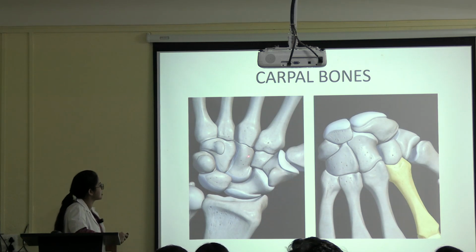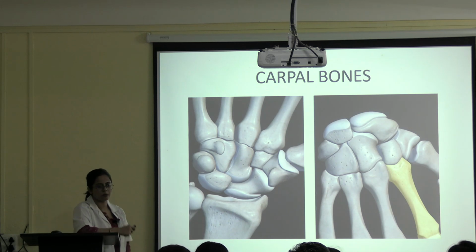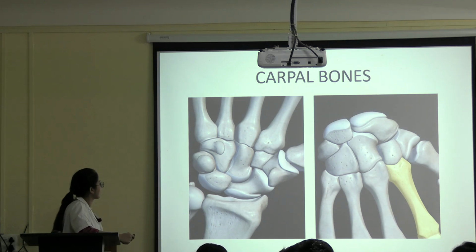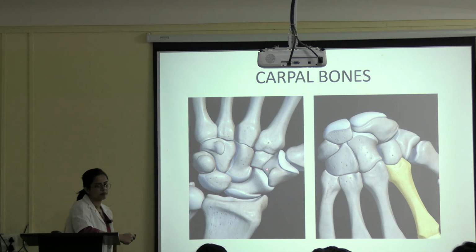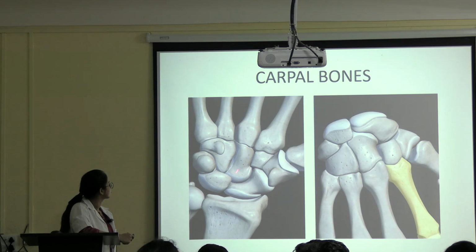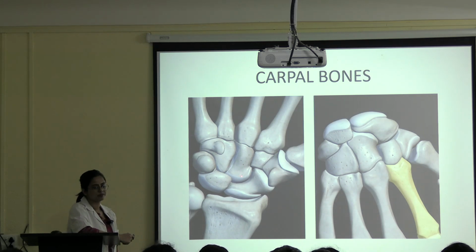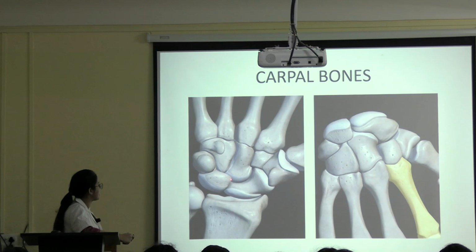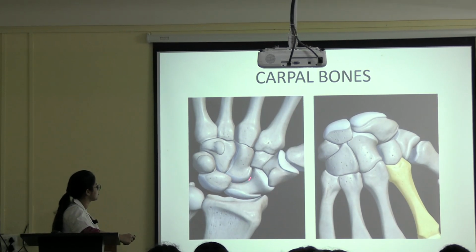Now what is the name of this bone? Capitate. It is the largest carpal bone. So it has a head, this one.